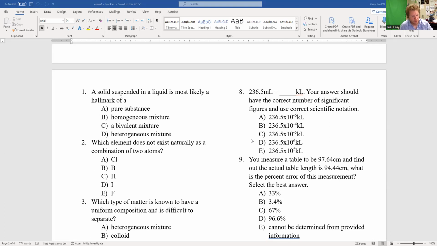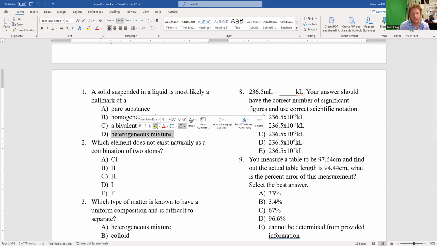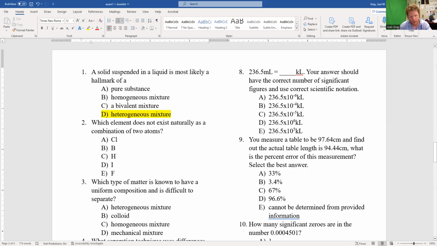Now, that solid being suspended in a liquid is pretty much a hallmark that these two things are not mixing perfectly with one another, in which case we're talking about a mixture, not a pure substance, and that mixture has multiple different components, therefore it is a heterogeneous mixture. Bivalent mixture, I just made that word up and threw that in there. It doesn't mean anything.